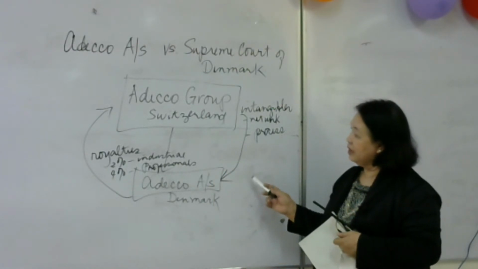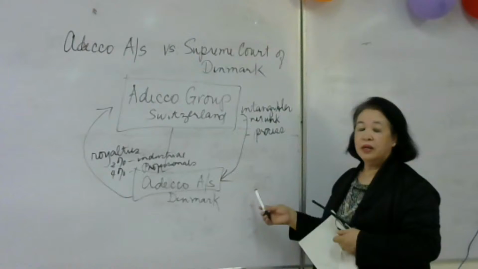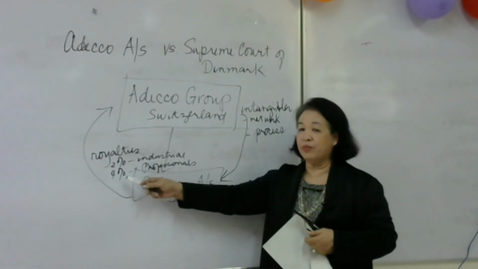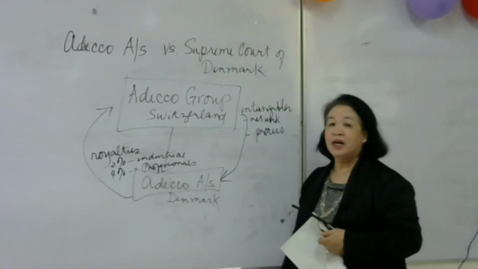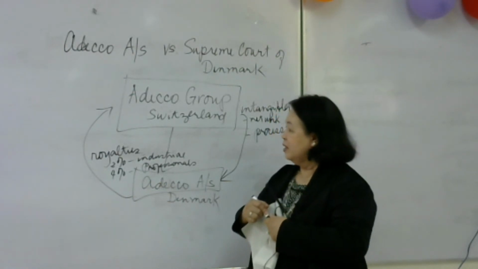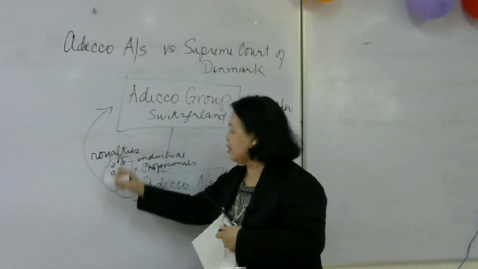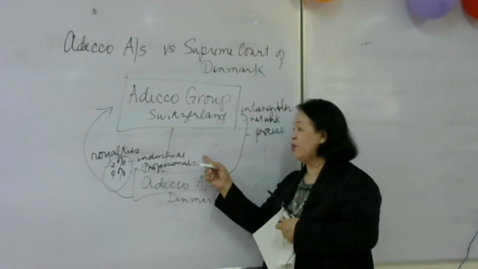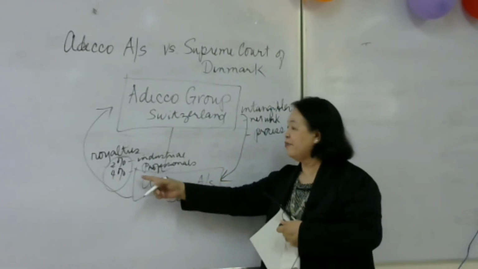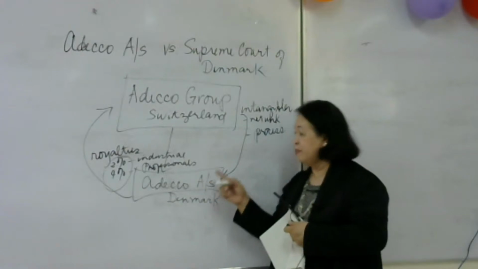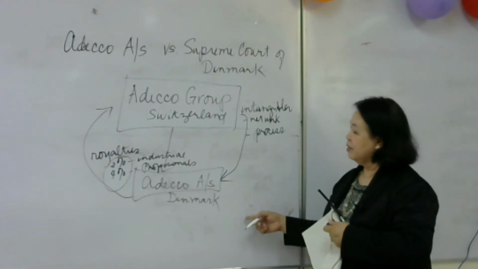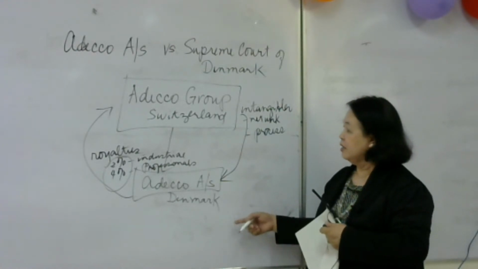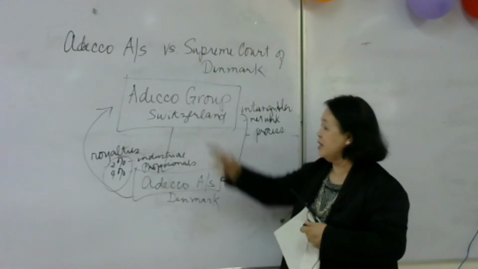So, anong nangyari dito? Kini-question siya ng Tax Authority of Denmark as to the payment of royalties. Kung dapat ba talaga na, is this 2% and 4% royalty payment for industrial employees employed, no? At saka 4% for the professional employees employed by Adecco AS based on the revenue ng Adecco AS. Doon naka-base yung royalties na binabayad niya sa Adecco Group.